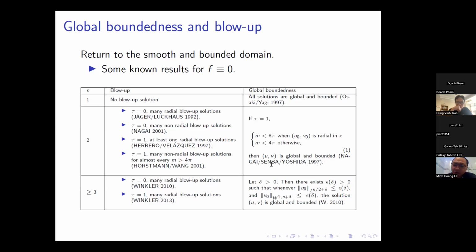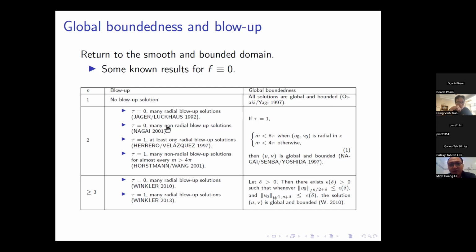For n equal to 2, a group of three mathematicians, Nagai, Senba, and Yoshida, in 1997 proved that if the initial data is radial in X, then the mass is less than 8 pi, otherwise the mass is less than 4 pi. And this is for the fully parabolic system. If it is less than this critical number, then the solution exists globally. So that is for the global boundedness part.